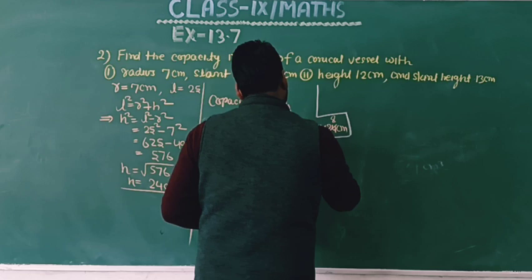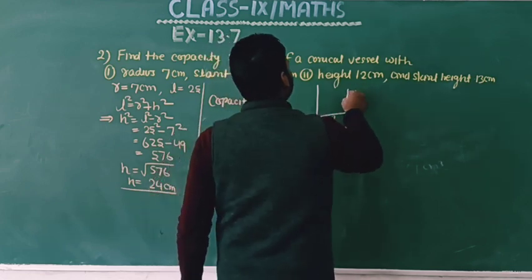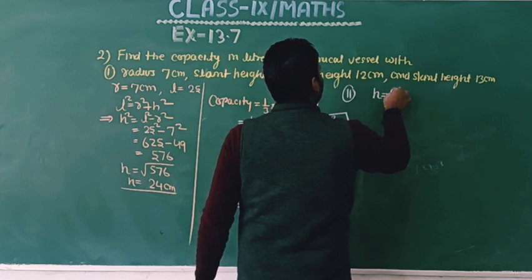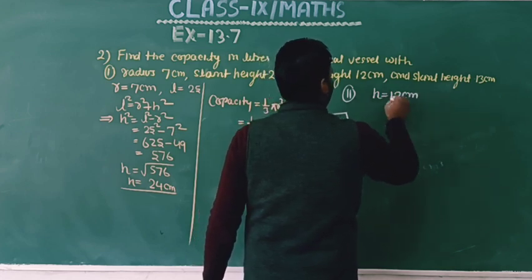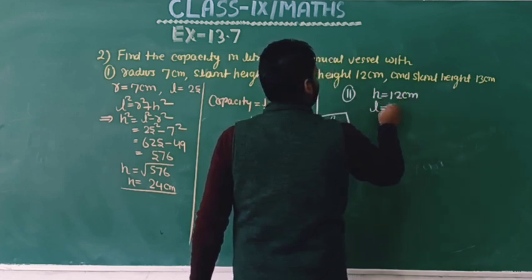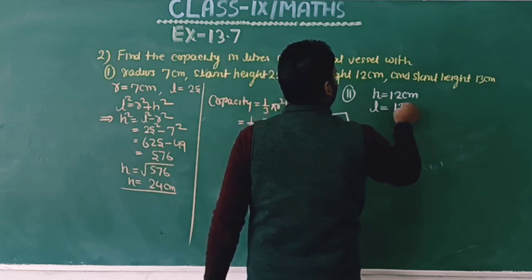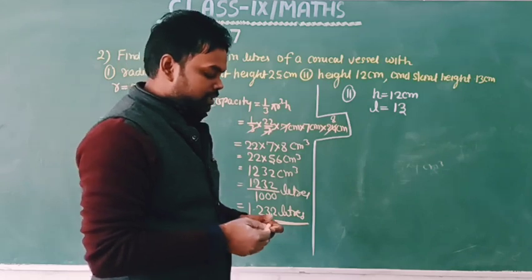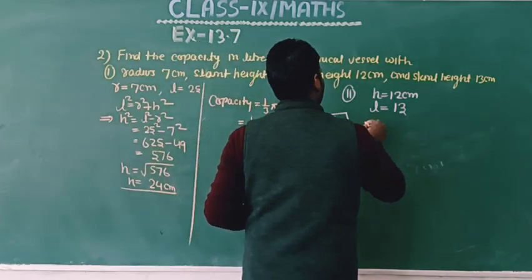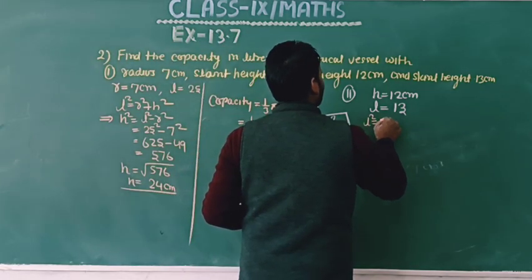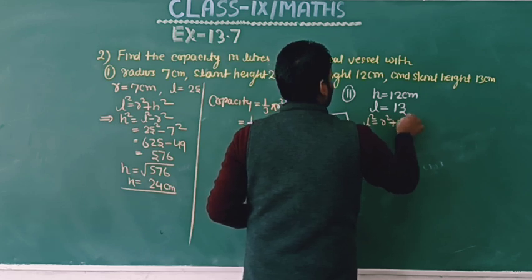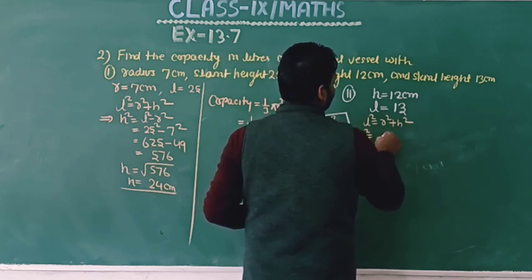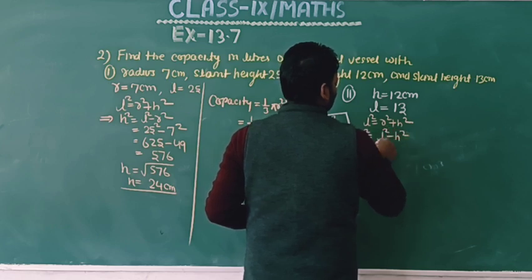Now move to the second part. In the second part we have height 12 centimeter and slant height l is 13 centimeter. So we need the radius. It is calculated by l square equals r square plus h square. So r square equals l square minus h square.